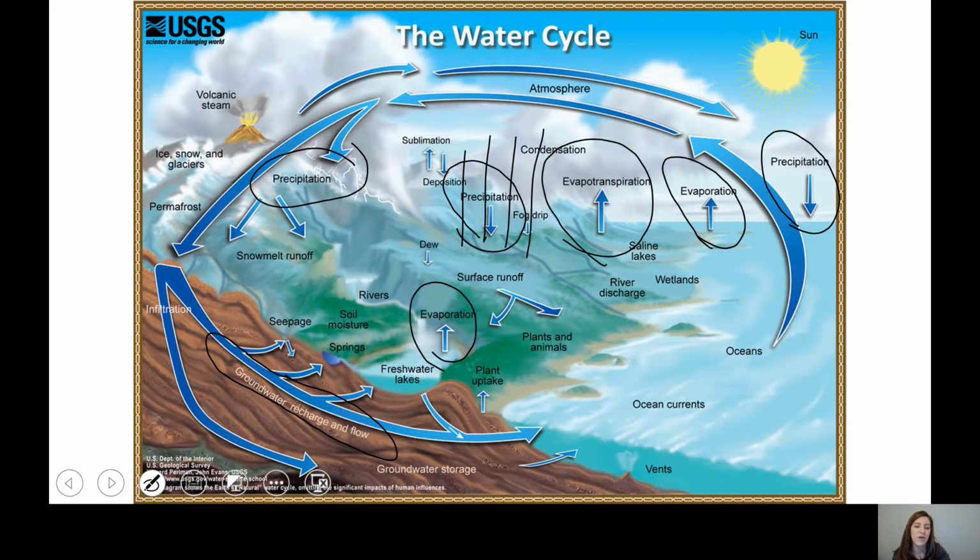But oftentimes it will just hit the ground and then flow off over the surface, either into a river or directly into the ocean or directly into a lake. So that's surface runoff: precipitation falling onto the surface and running into the river or the lake. And then another way that water moves around the water cycle is the flow between streams, rivers, and the ocean.